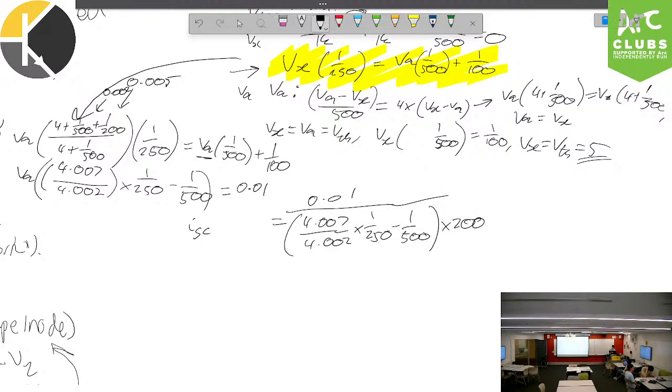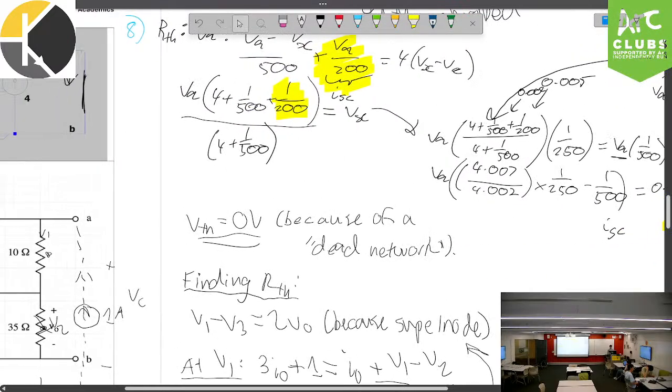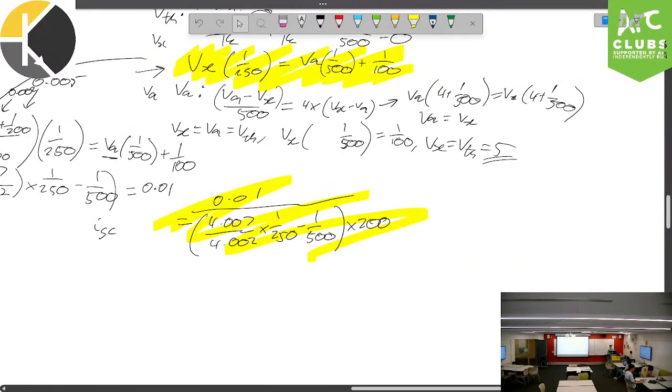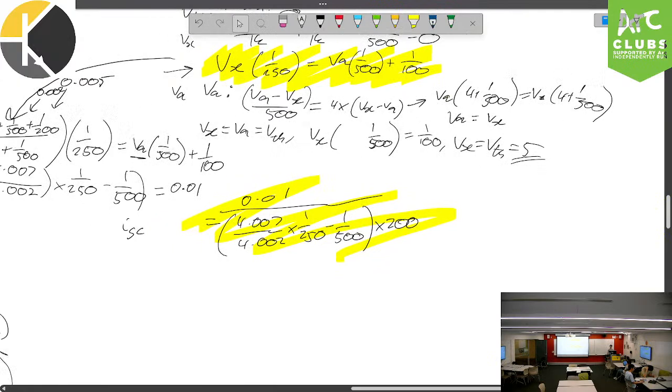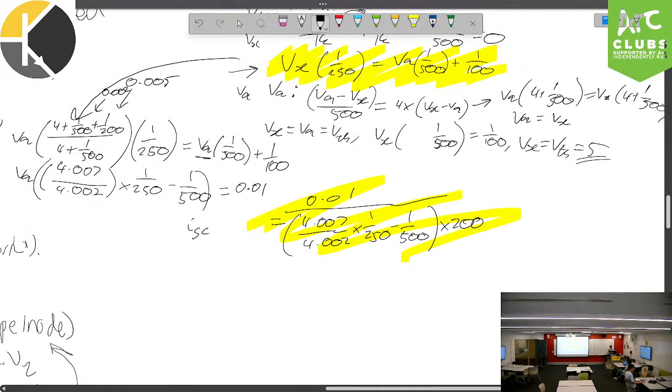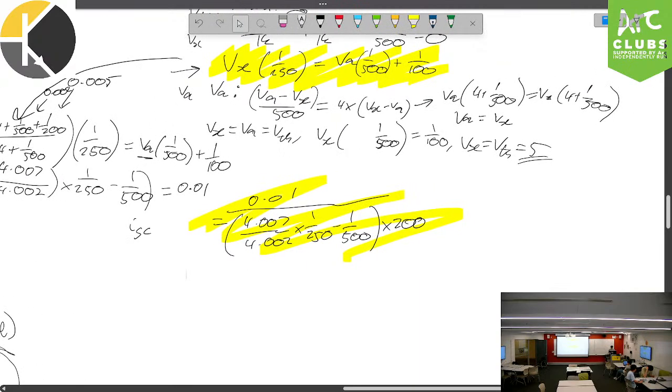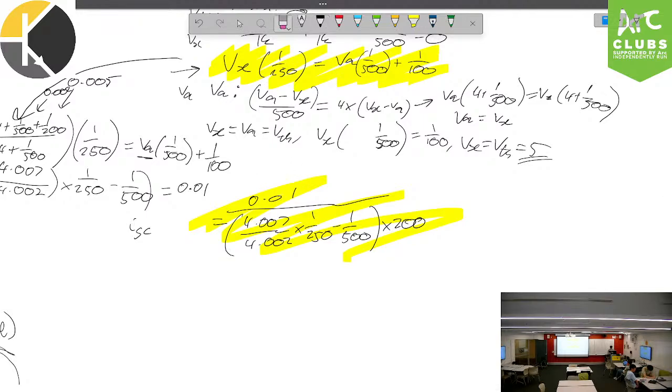Fantastic stuff. Left as an exercise to the reader. That's I short circuit. That's not what we want. We want R Thevenin. So we'll just do V open circuit, which is our V Thevenin, and divide it by this value. So we would go 5 over this, so 5 over that would give you V Thevenin.